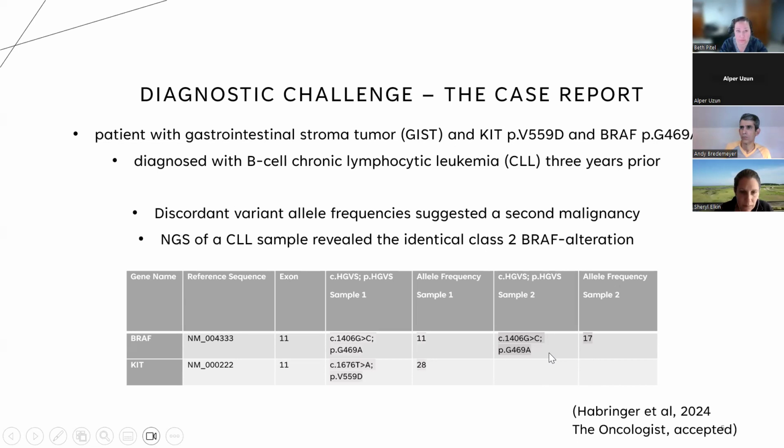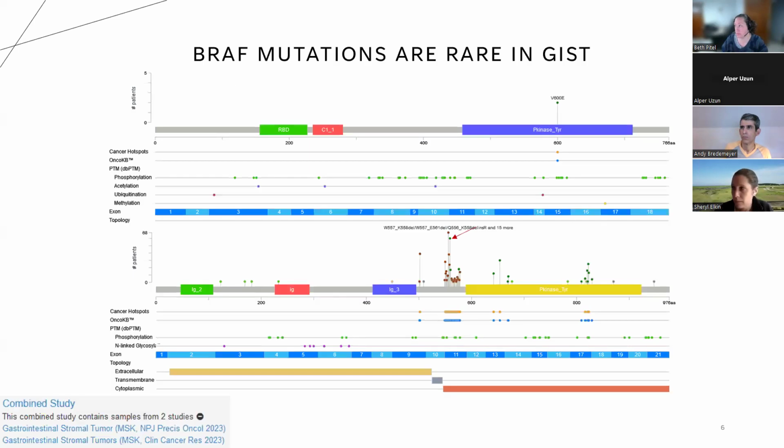And why is that puzzling in the first place? If we look at studies in cBioPortal, MSK studies, you actually don't see any BRAF mutations in GIST. I think it was 3 patients who have a BRAF V600E mutation, but no other mutation in BRAF.